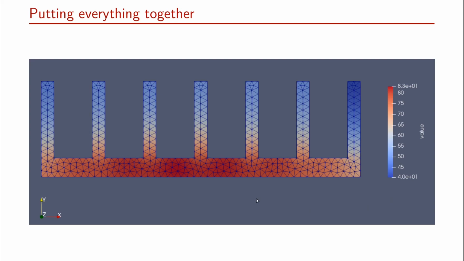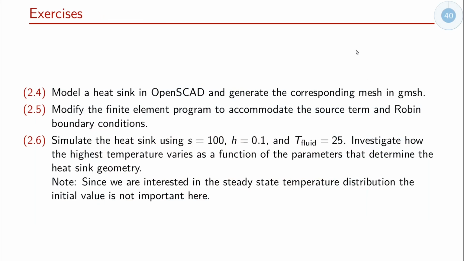Of course, the design goal is that we find a heat sink. We alter the geometry of the heat sink and vary these parameters in such a way that the maximal temperature that we achieve here goes down, so that this is reduced. Those are the exercises that we want to look at.